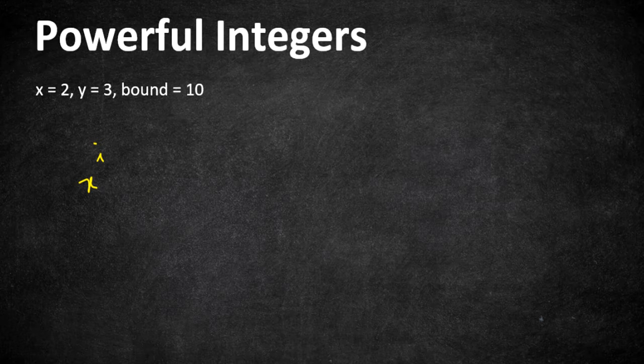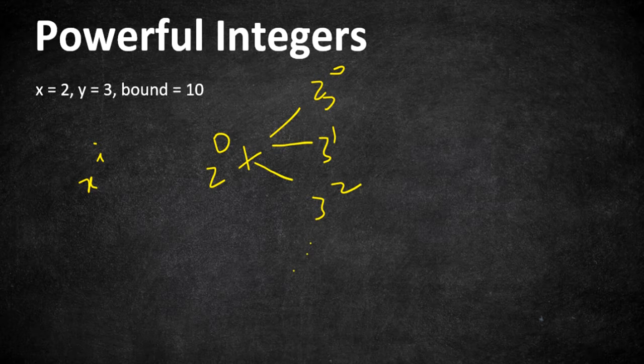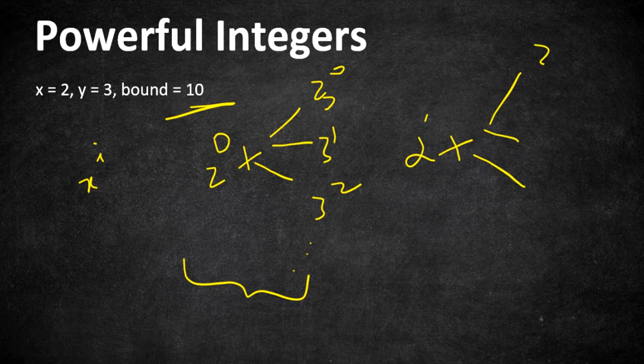For example, we start with 2 power 0 and add it to 3 power 0, 3 power 1, 3 power 2, 3 power 3, and so on until the sum exceeds 10. Same way, we keep 2 power 1 constant and add 3 power 0, 3 power 1, 3 power 2 and so on. This goes till x power i plus y power j goes greater than 10.